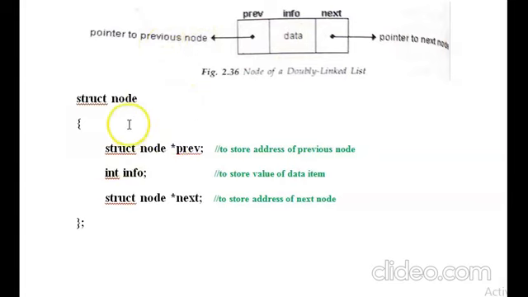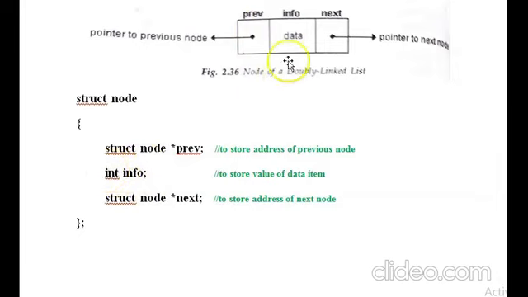So the structure will be like this: struct node, a pointing variable which can store the address of the previous node. Then the information part, it can be integer or float, any data type, and can be multiple in number also. For simplicity, we are using a single value termed info, storing an integer value.